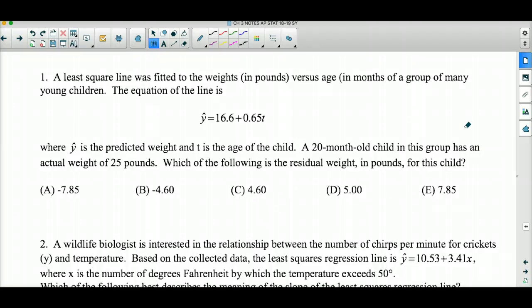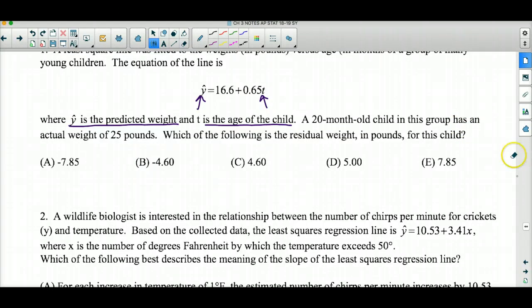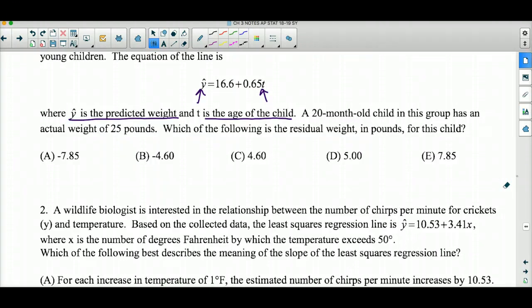Now notice, because they used variables, they had to go back and they had to define their variables. That's what I'm talking about when you write an equation. If you don't use words, you have to define your variables. A 20-month-old child in this group has an actual weight of 25. Which of the following is the residual weight in pounds for this child? Okay, how do I get a residual? A minus P. So the actual weight is 25.